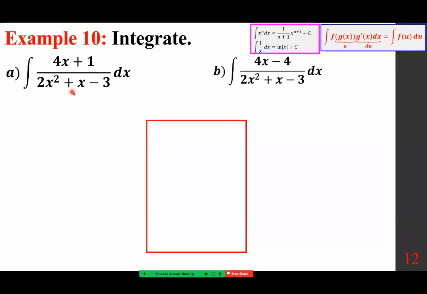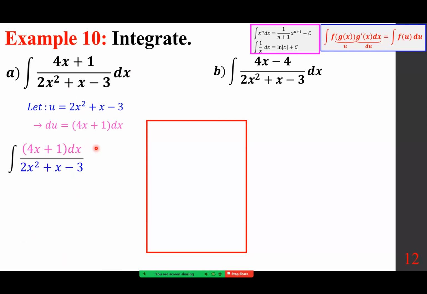So what happens when that's the case? The choice of u is the denominator. Now, if I differentiate this, I get 4x plus 1. Therefore, du is 4x plus 1 times dx. To make it clear what we are dealing with, I'm going to put the dx at the top so we can see that this is du over u, and this is just a natural log.